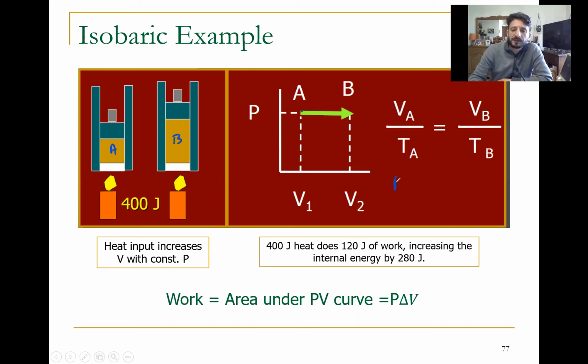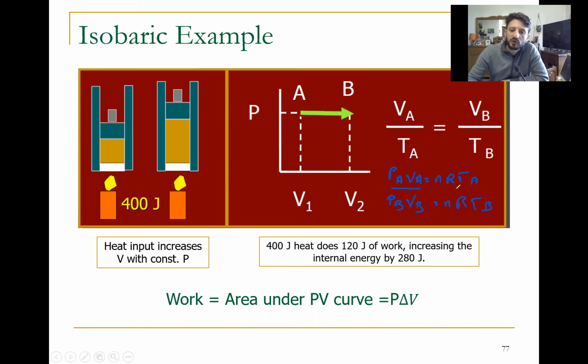You know, PA equals nRTA divided by VA, or we can say PA VA equals nRTA, and PB VB equals nRTB.